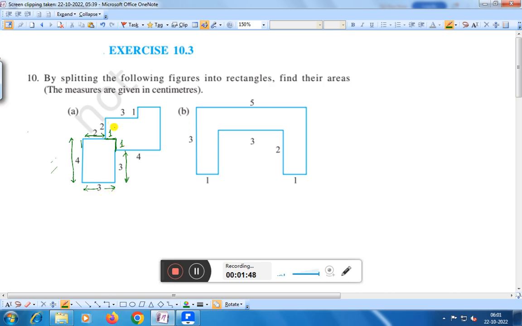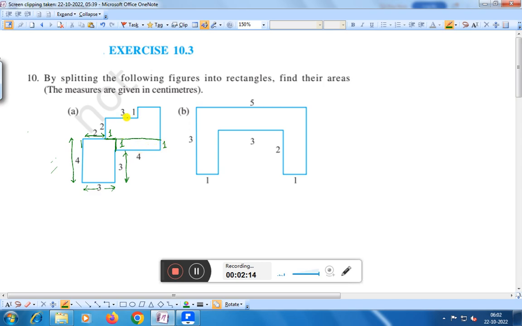Now if we draw another rectangle like this, make another rectangle like this. That means this is 4 and this is 1.